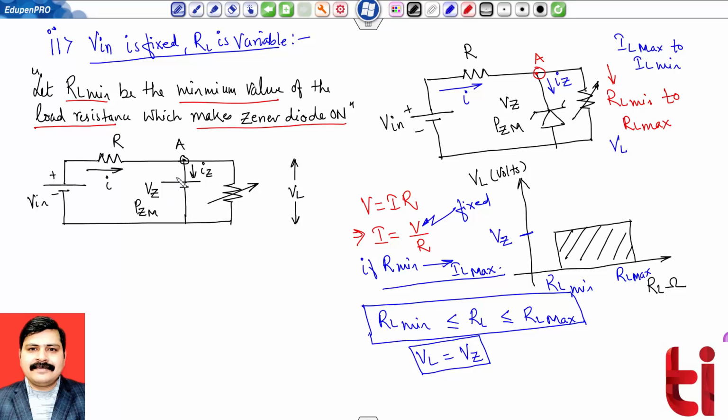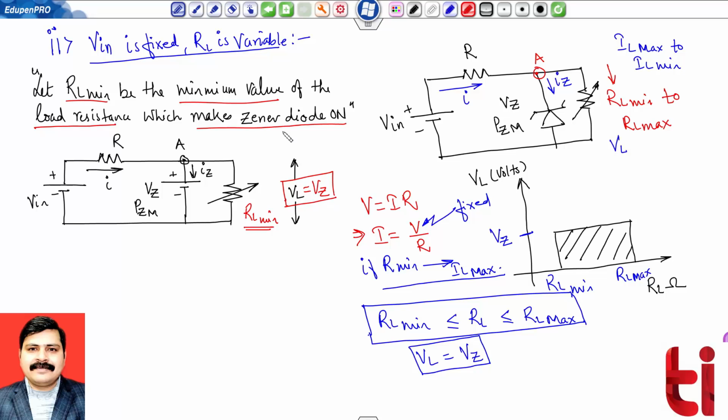If it is ensured that my Zener is on, my output voltage VL should be equal to VZ, and this assumption I have already taken, that RL min is the minimum value of load resistance which ensures that my Zener diode is on.